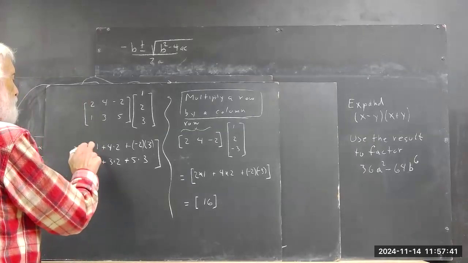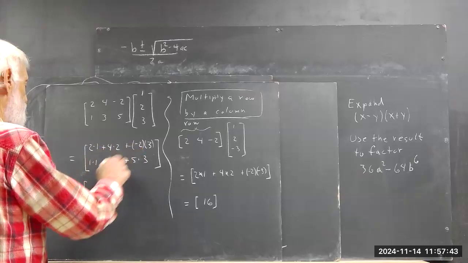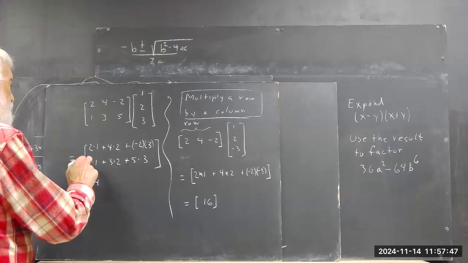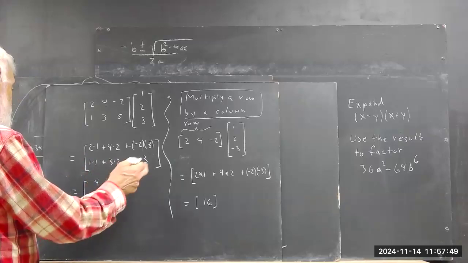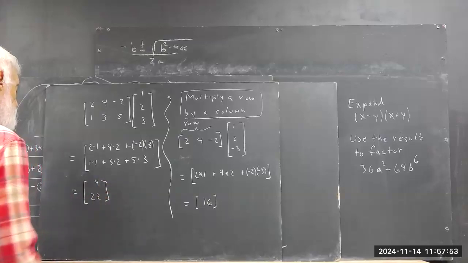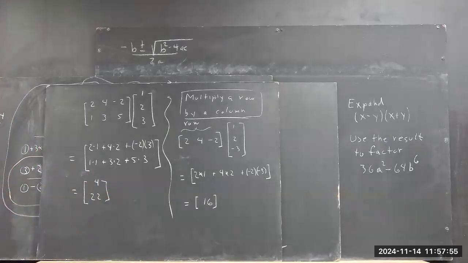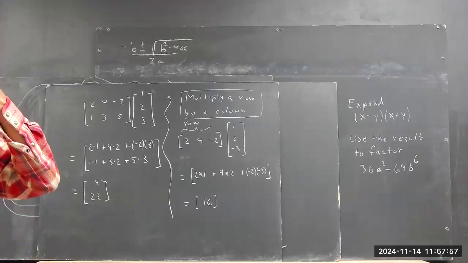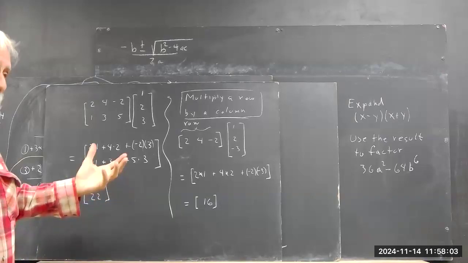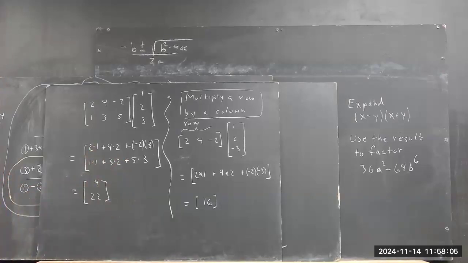Well, we add these up: 2 and 8 and -3 gives us 4. I think everybody got the right numbers. And 1 and 6 is 7, and this makes 15, makes 22. That's the right way to do it. Now, it wasn't wrong if you did it another way today. I just said, do whatever makes sense.